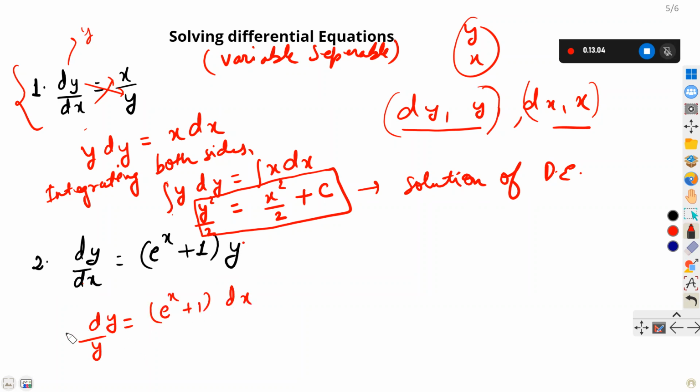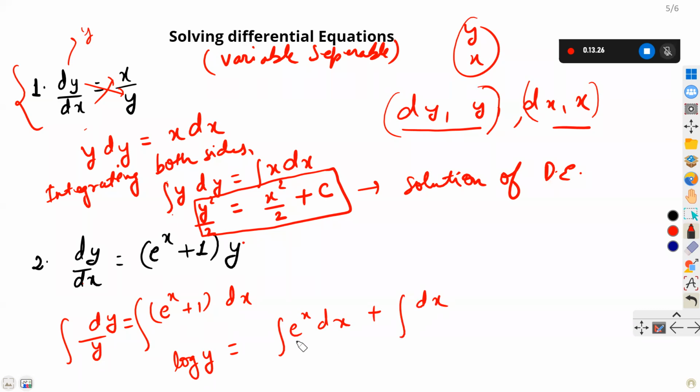Now again we can integrate both sides. What will be the integration of 1 over y dy? It's log y. Yes, so 1 upon y dy is log y, and here we can break the integral as integral of e raised to the power x dx plus integration of dx.